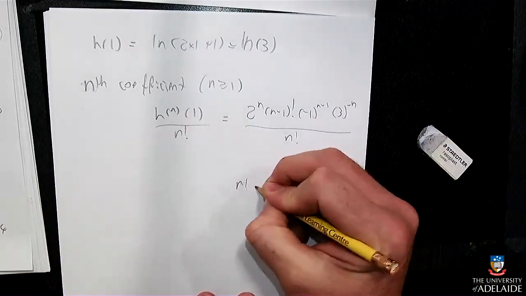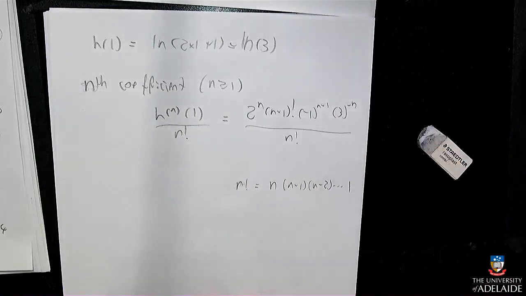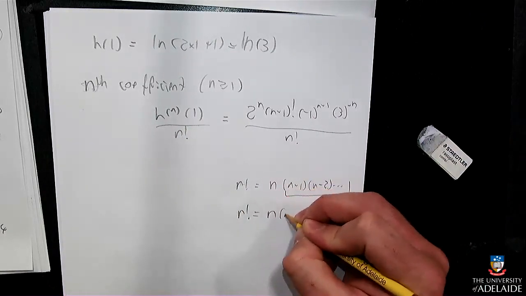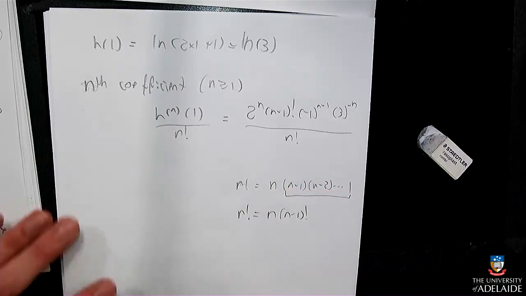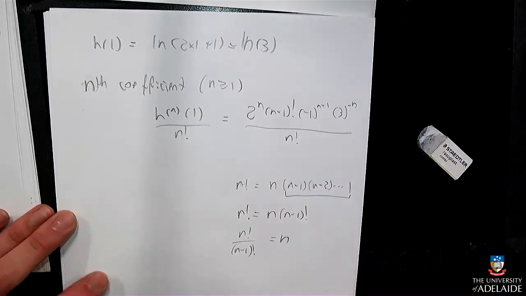So n factorial is n times n minus 1 times n minus 2 all the way down to 1. And this bit is n minus 1 factorial. And so therefore, if I go n factorial divided by n minus 1 factorial, it should be n.